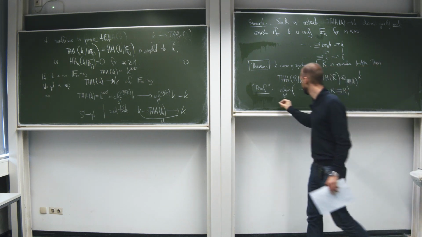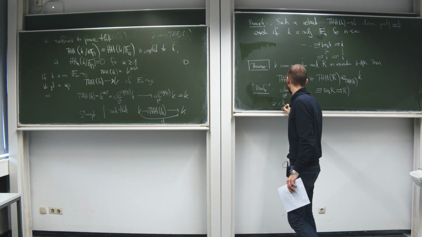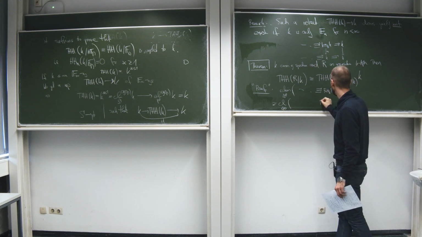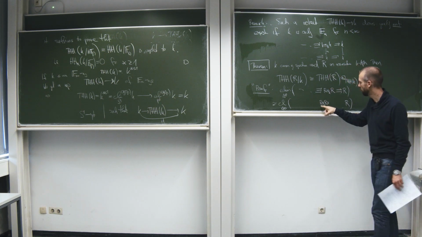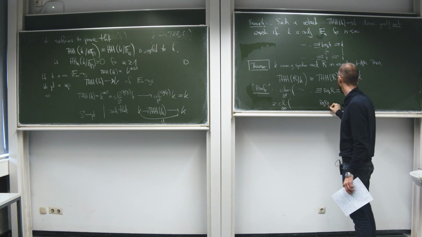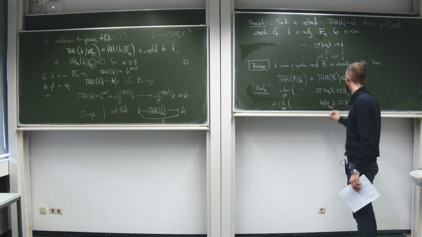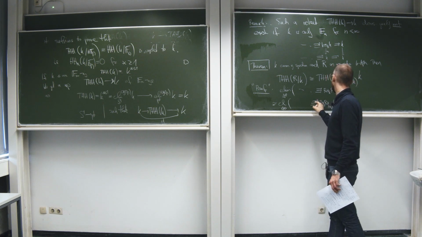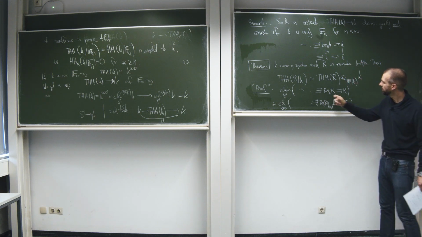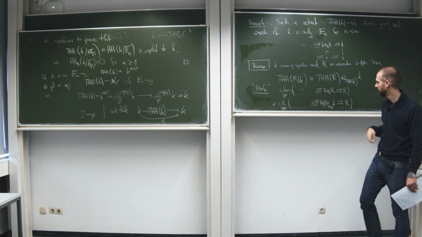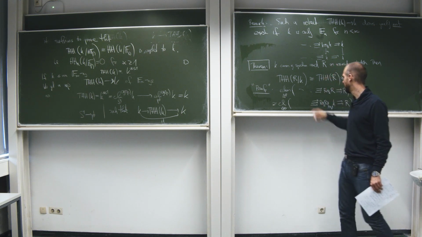And now the crucial observation is that we can rewrite the term R tensor over K R as the base change of R tensor over the sphere R, and this is now a module over K tensor over the sphere K, base changed down to K. And similar for higher terms. So I write R tensor over K R as R tensor over the sphere R tensored over K tensor sphere K down to K. So that's a crucial observation, and the same for higher layers.